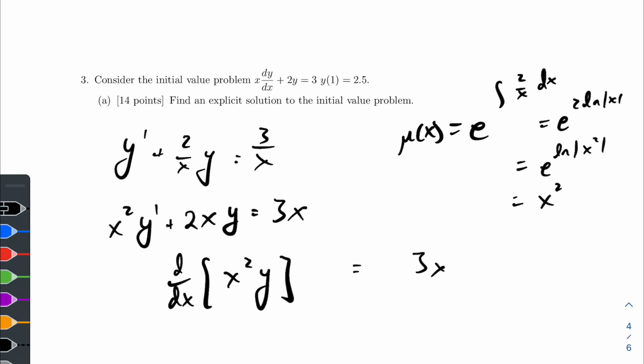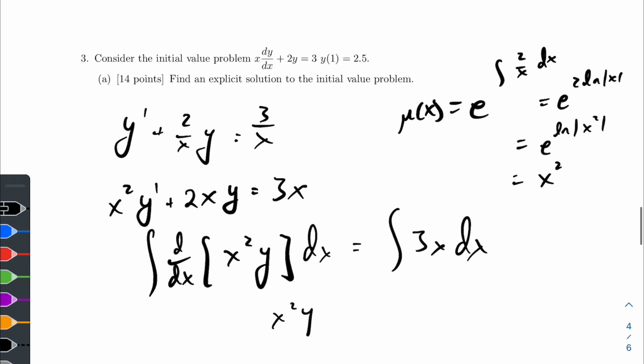We just have 3x on the right-hand side, which we can then integrate both sides and get x squared y on the left, because we're just integrating the derivative, and get 3 over 2 x squared plus a constant c on the right. So then y will be 3/2 x squared plus c all divided by x squared.